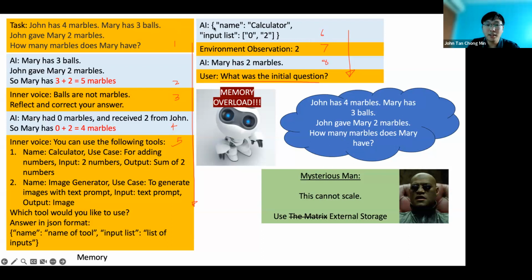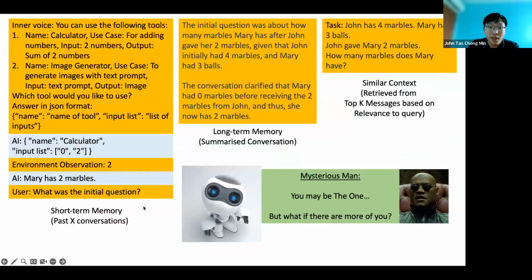Now we only have about 8 different kinds of previous conversation history. Right? If you actually run this longer, you're going to need a lot of context length in order to store everything. Okay, this cannot scale. So our mysterious man says, maybe we should have an external storage. We cannot just rely on storing all of this in the context. That won't work. Okay, maybe we need something bigger. And that's where we have this idea of short-term and long-term memory.